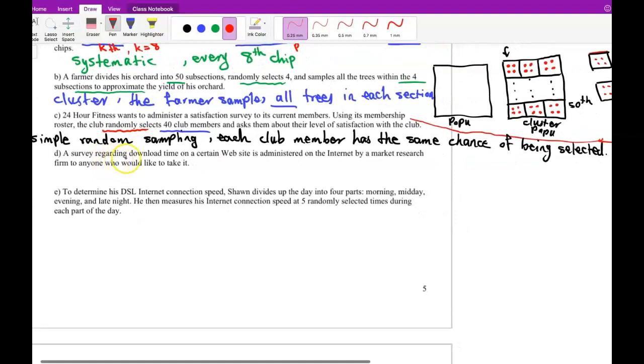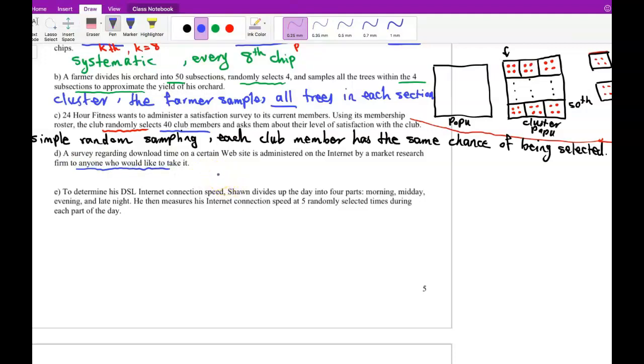Okay, Part D is regarding download time. A survey on a certain website is administered on the internet by a market research firm to anyone who would like to take it.